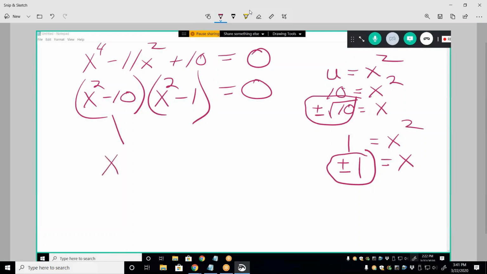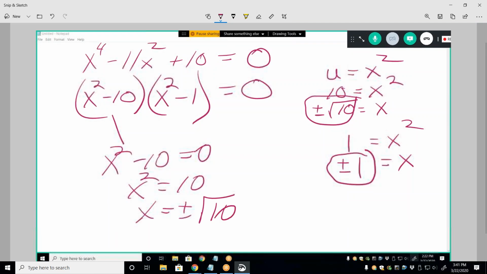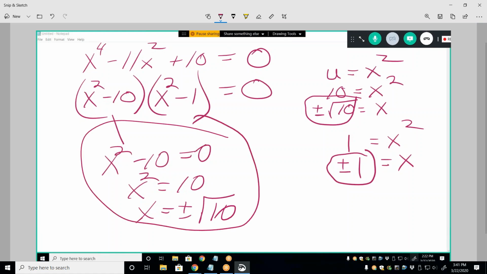So x squared minus 10 equals 0, x squared equals 10, x equals plus or minus square root of 10. So I'm able to do it the same way, I just didn't use the U-Substitution. But you have to be able to get from there to there, which isn't always that easy if you're not used to it.